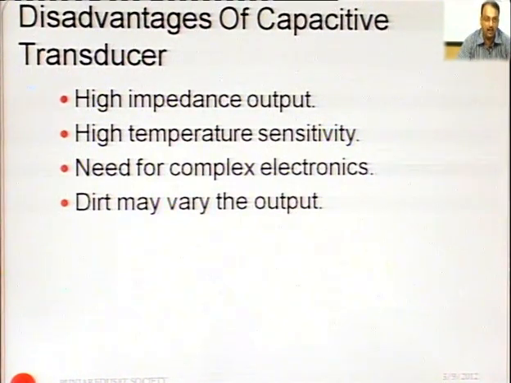Along with these advantages, there are some disadvantages also. First is high impedance output, second is high temperature sensitivity, third is the need for complex electronics, and the fourth one is dirt. With dust or dirt, the output also varies.